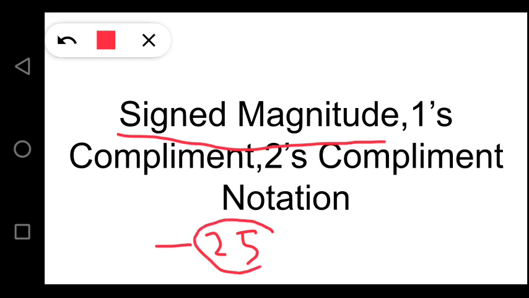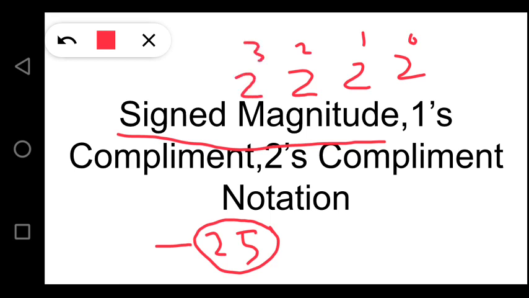First take the 25. Apply the weight rule: 2 power 0, 2 power 1, 2 power 2, 2 power 3, 2 power 4. Just stop the process here. 2 power 4 is nothing but 16, so make a 1 here.